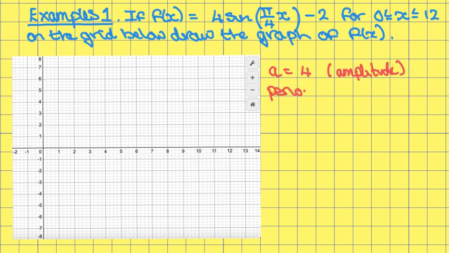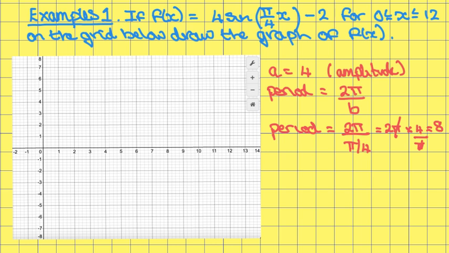The period is equal to 2 pi over b, and in this case b is pi over 4, so the period is equal to 2 pi divided by pi over 4, which is equal to 2 pi times 4 over pi. They cancel, so it is equal to 8.